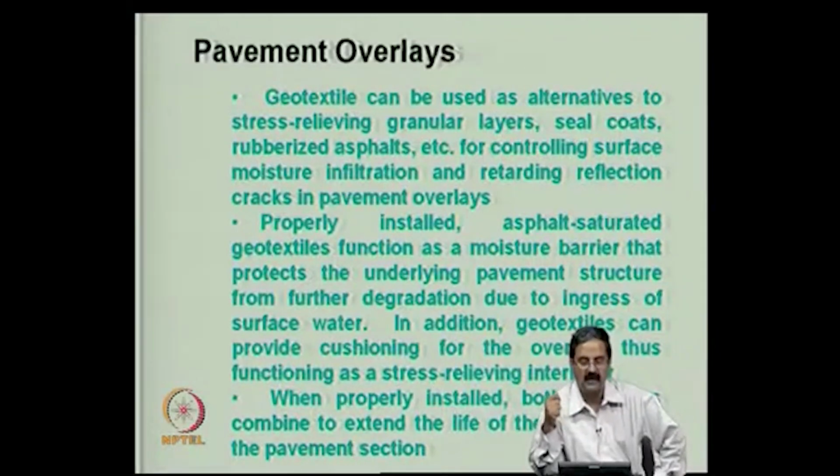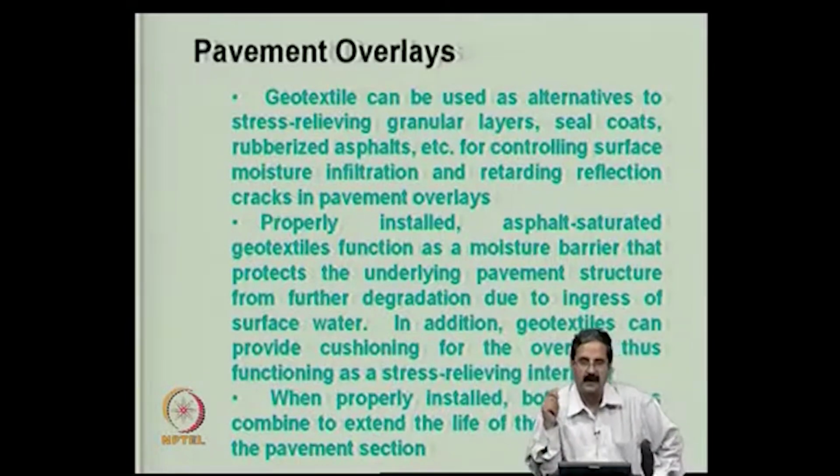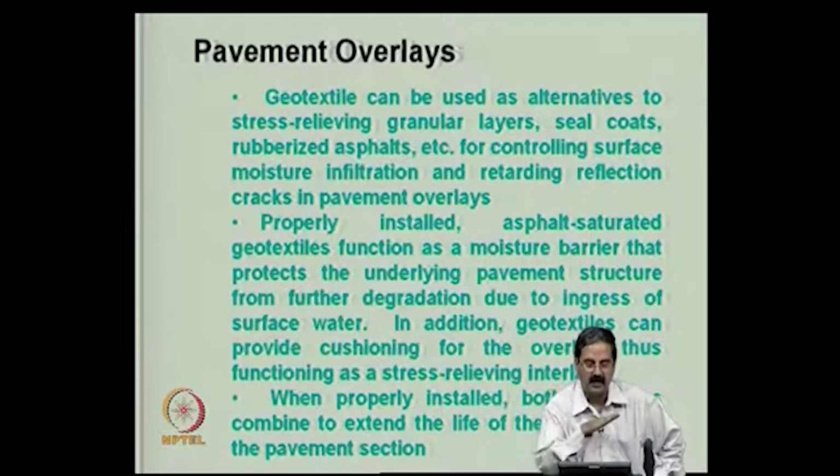But whatever, if you really want a moisture barrier, you can take a geotextile, dip it in the bitumen, and it becomes a moisture barrier, and it helps in prevention of ingress of water. In some cases where you want to avoid water movement, you can make it a moisture barrier, and that's quite effective.